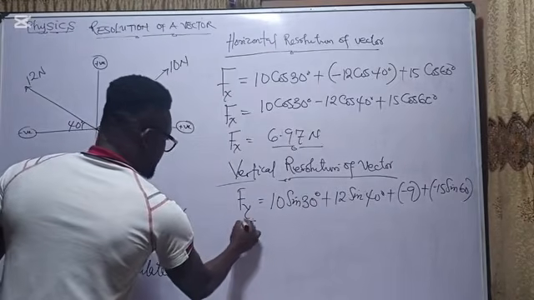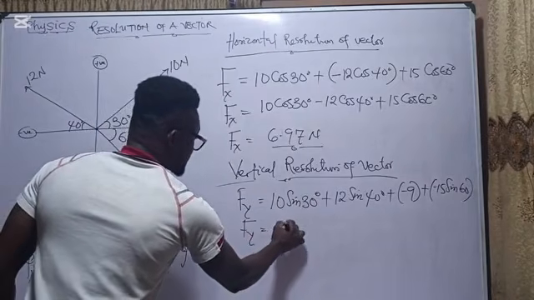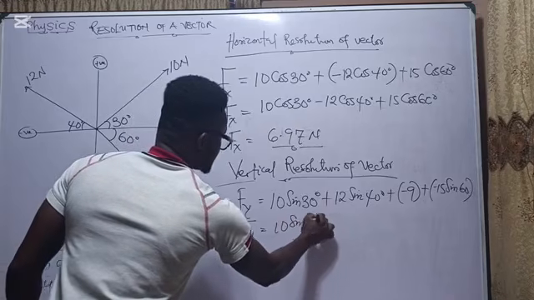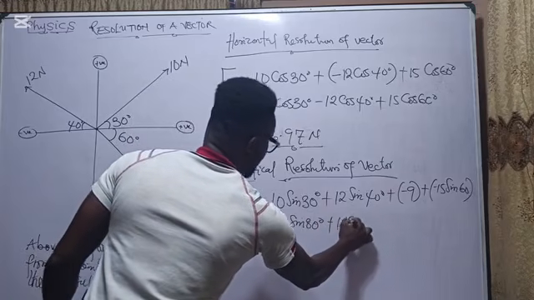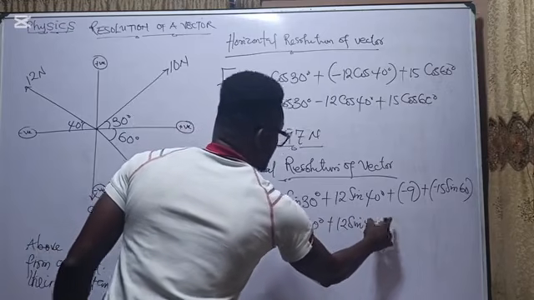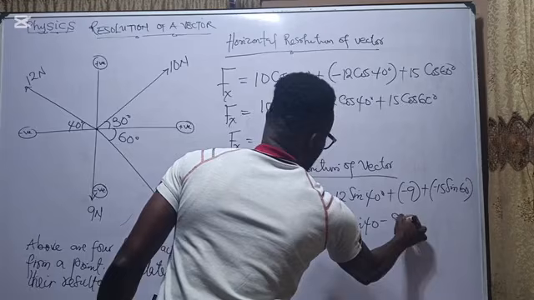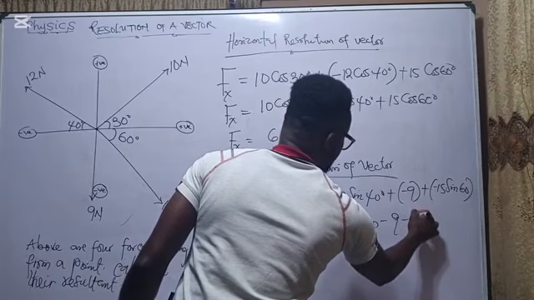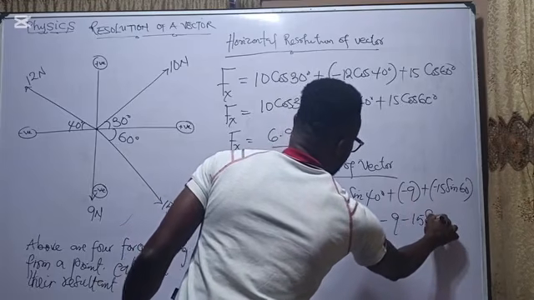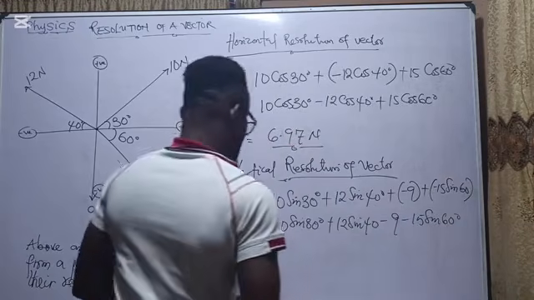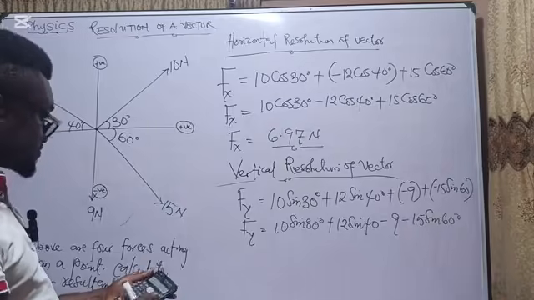So here we have the vertical component: 10 sine 30 plus 12 sine 40 plus minus 9 is minus 9, plus minus 15 is minus 15 sine 60. So we simplify this now.